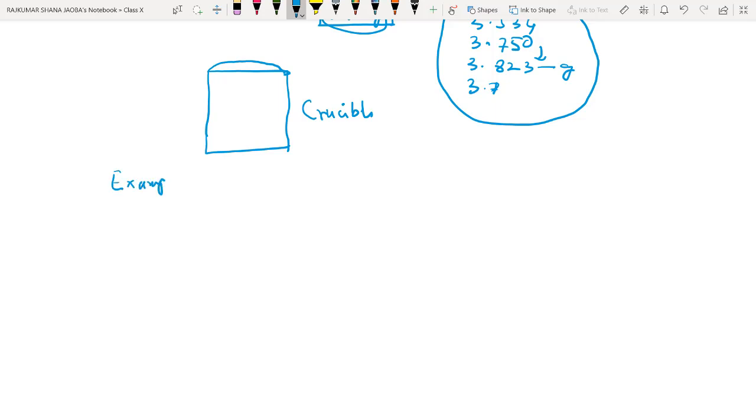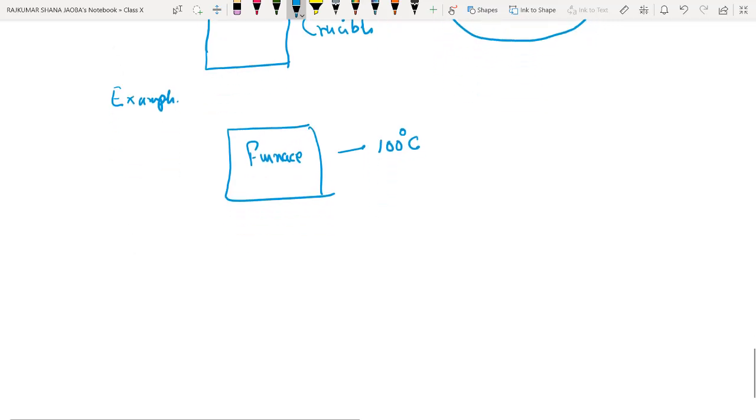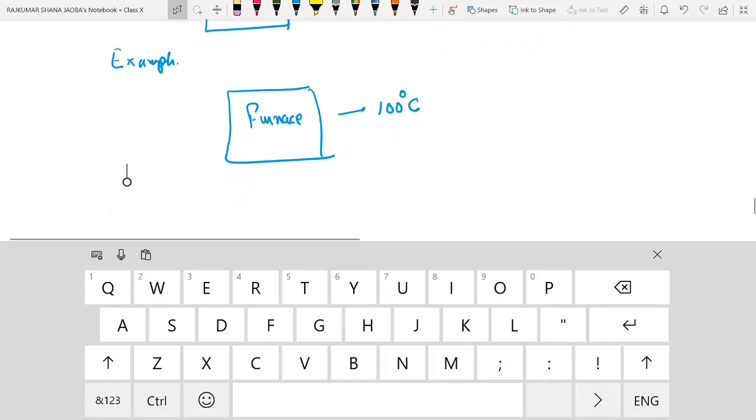Suppose you have a furnace and you want to maintain it at 100 degrees Celsius.